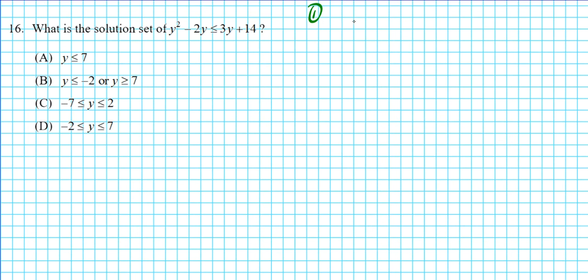So first thing we're going to do is rewrite in standard form. After doing that, we're going to find the critical values. Now, after you find the critical values, there are two methods that can be used to solve the problem. One is easier than the other.